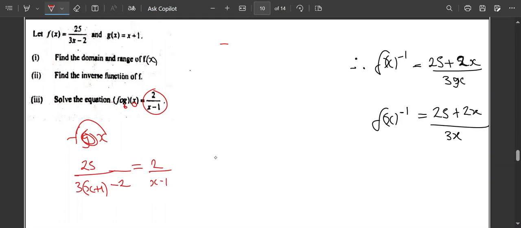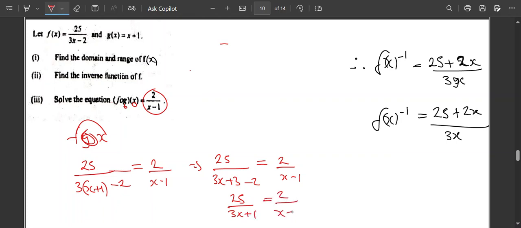So here I'll have 25 over, down there is 3x, now multiplying, then plus 3, then minus 2 there. Then they are saying this is equal to 2 over x minus 1. Here I can solve. So I have 25 over 3x plus 1 is equal to 2 over x minus 1.